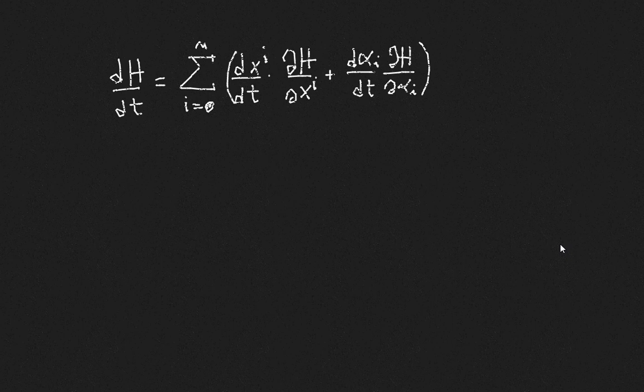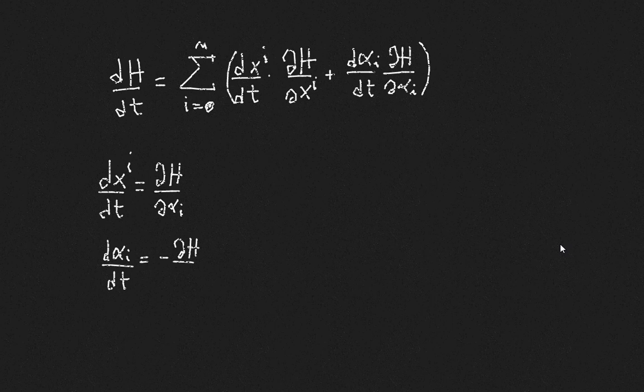Now, the Hamiltonian equations tell you that dx_i/dt is equal to the partial derivative of H with respect to alpha_i, and that d alpha_i/dt is equal to minus the partial derivative of H with respect to x_i. If you plug these two in, you get 0.